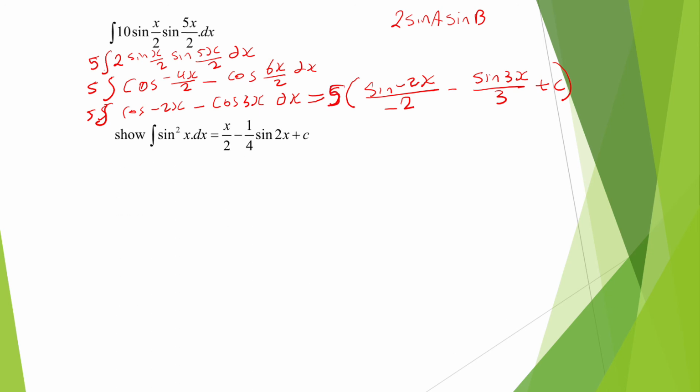Okay, the next question says show that the integral of sine square x equals x over 2 minus half sine 2x plus c. As we said before, we can't integrate sine square, so we're going to use this double angle identity, which is this one here, cosine 2a equals 1 minus 2 sine square a. You notice sine square a appears in 3 different identities.